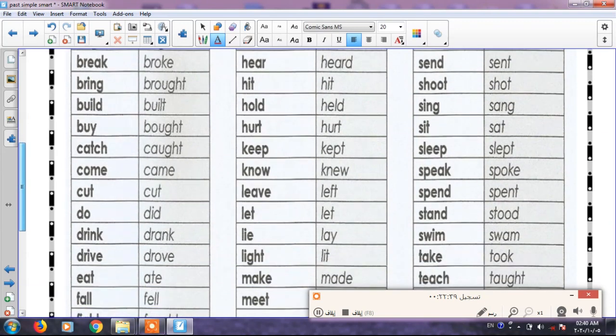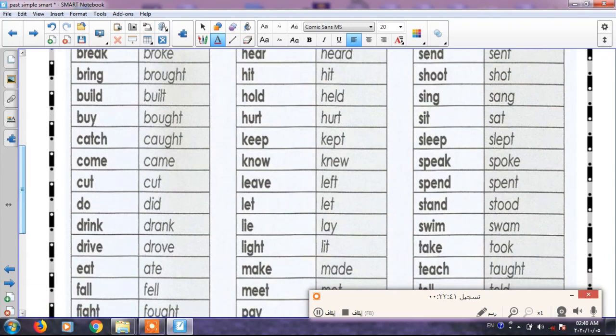The past of cut will be as it is, cut. The past of do is did. The past of eat is ate. So the verb totally changed. Like the verb sleep, the past of sleep is slept.